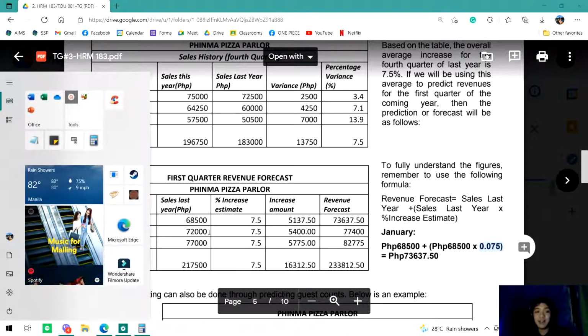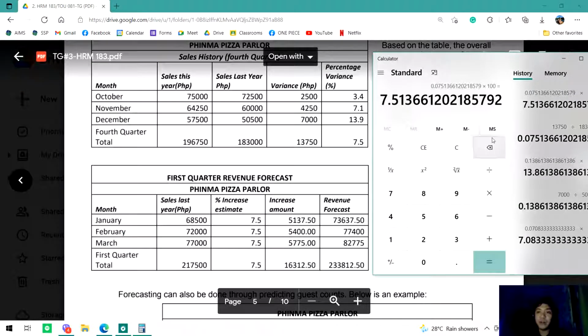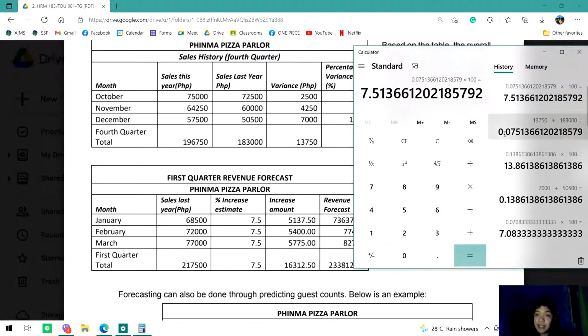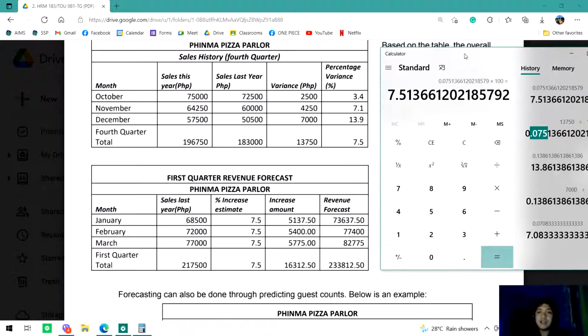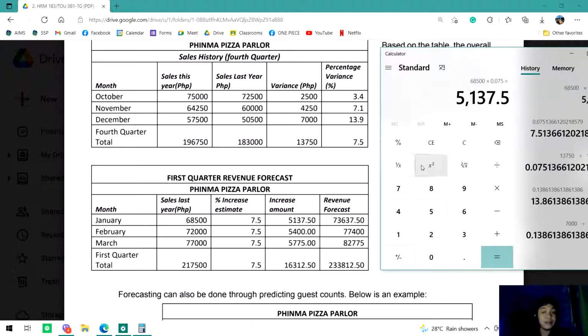So in this case, 7.5 ang kanyang raw before computation is 0.075. So ang gagamitin natin is 68,500 sales last year times the raw amount of the percentage variance, which is 0.075. When you multiply that, you will have 5,137.50.